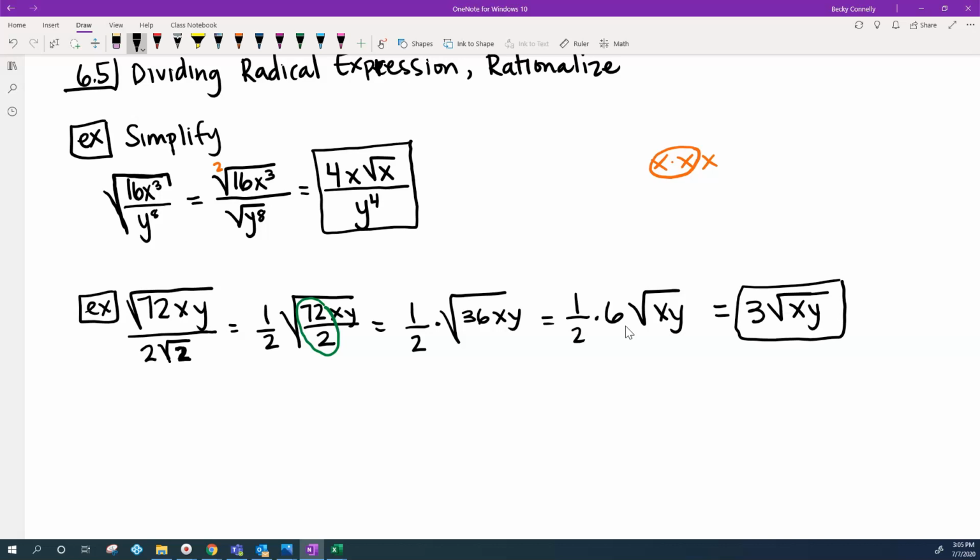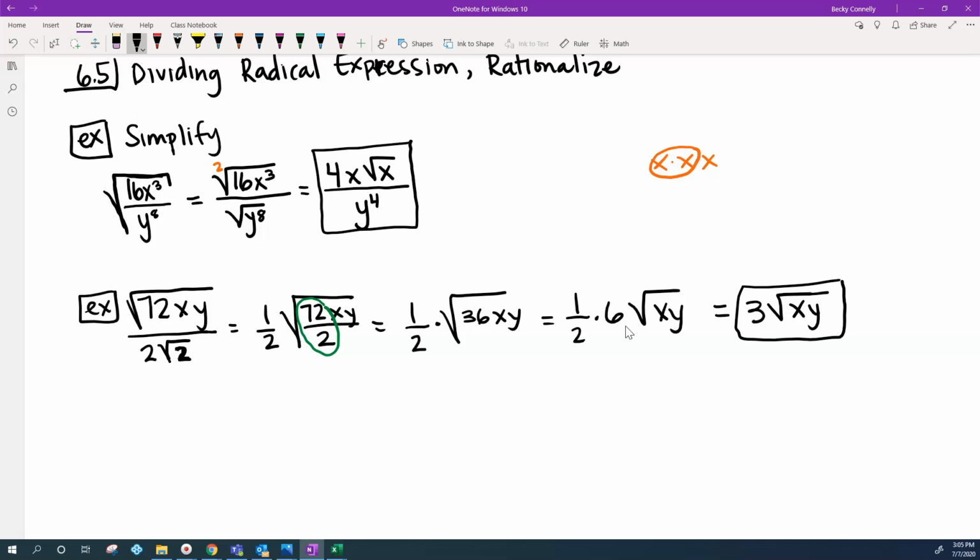So sometimes it's going to be better to put it together as one radical so you can do the division first, but only if it's going to help you. Look up at the one before. It wouldn't help me to keep this as one radical because there's nothing I can simplify inside there that's going to do me any good.